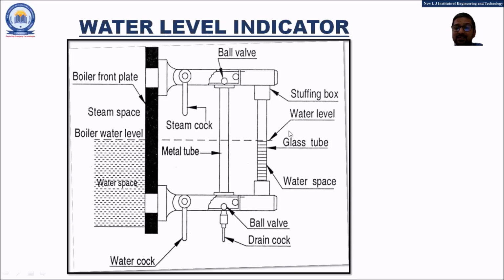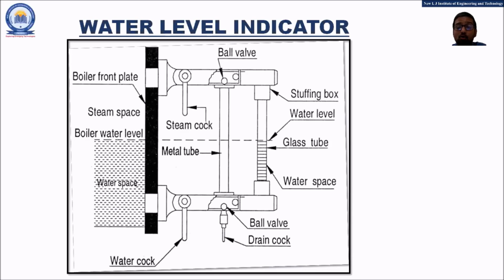Behind this glass tube, there will be a graduated scale, a simple scale attached. So on the basis of the height of the water in the glass tube, the boiler attendant can easily note down the level of the water.